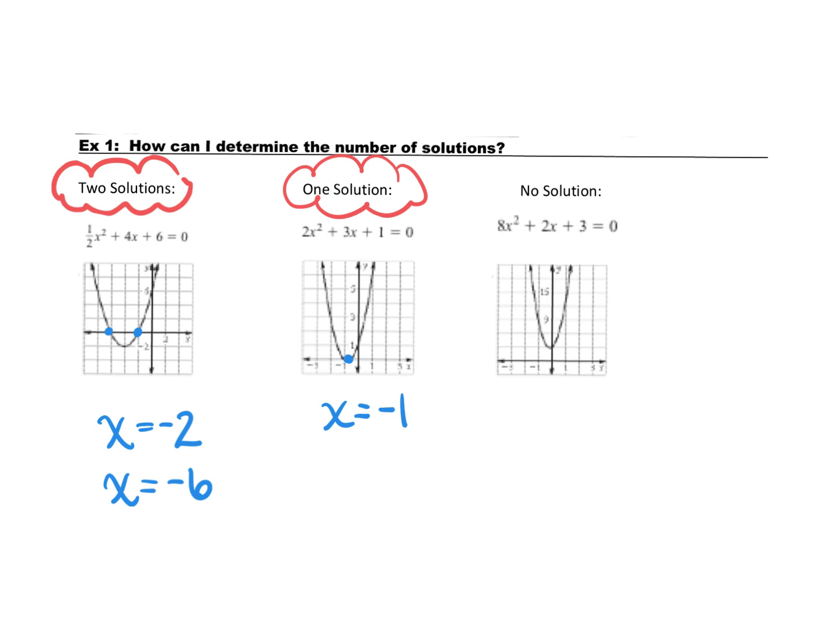And then in our last example, notice that we have no solution. Remember that when you're looking on the graph, it's where the parabola is crossing the x-axis. Well, notice how it does not cross the x-axis. So this is going to be no solution.